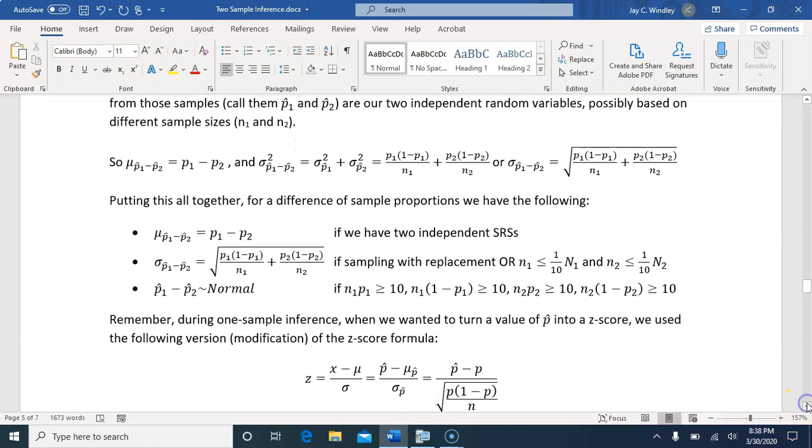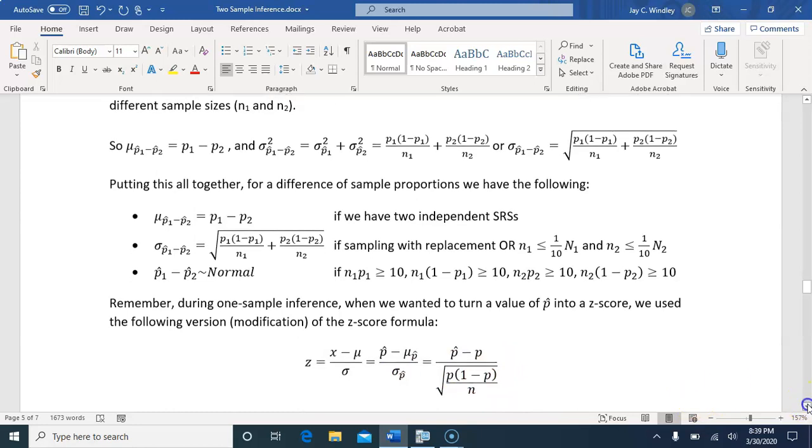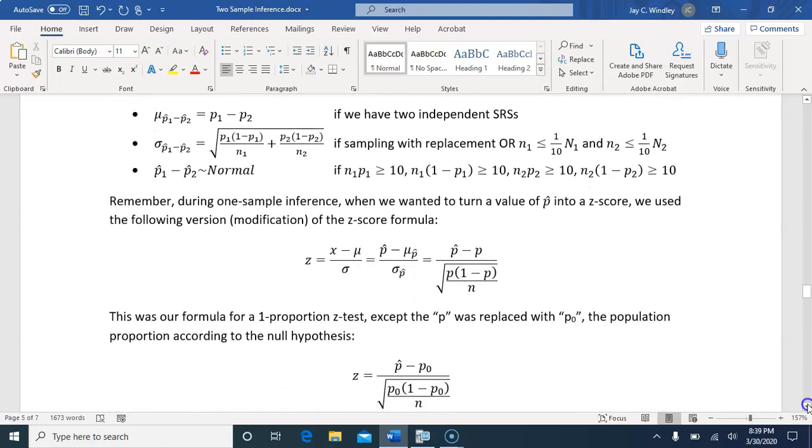So remember when we did a z-test for proportions, once again we tweaked our usual z-score formula a little bit to be the p hat minus the mean of the p hats divided by the standard deviation of the p hats, and we had an expression something like that.